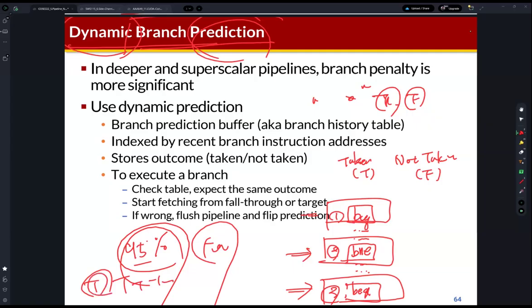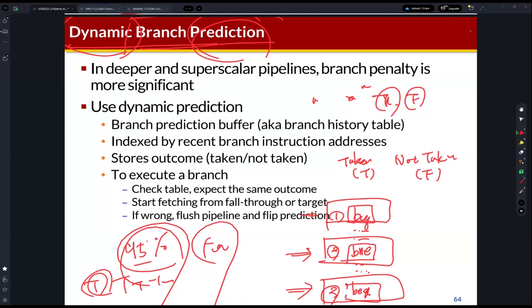So we can just expect that if the previous result of a branch is taken, then the next result can be taken. It's one possible example, but anyway, we can predict the future event using the previous event result, obviously, right?